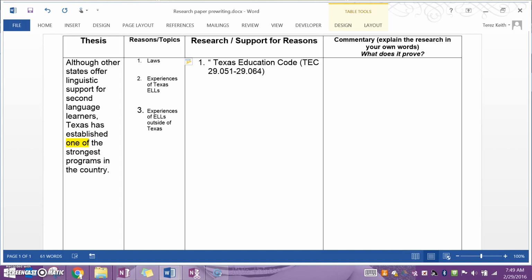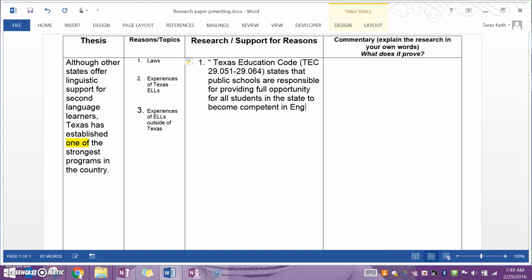Texas Education Code states that public schools are responsible for providing full opportunity for all students in the state to become competent. Competent means proficient or at a satisfactory level in English. Okay.